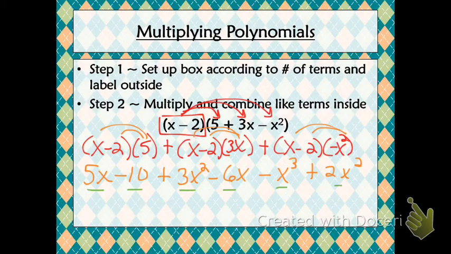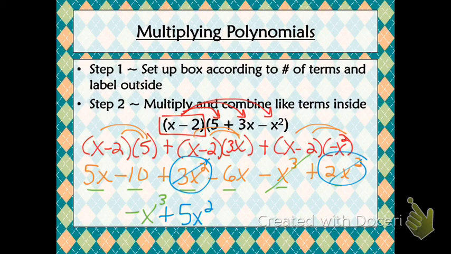So you will always get that same answer. Next, we're looking to rewrite these from highest degree to lowest degree and combine our like terms. And we're going to get the same solution that we did last time.